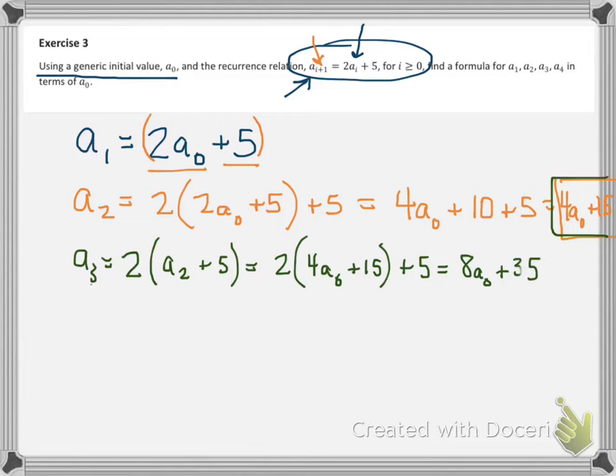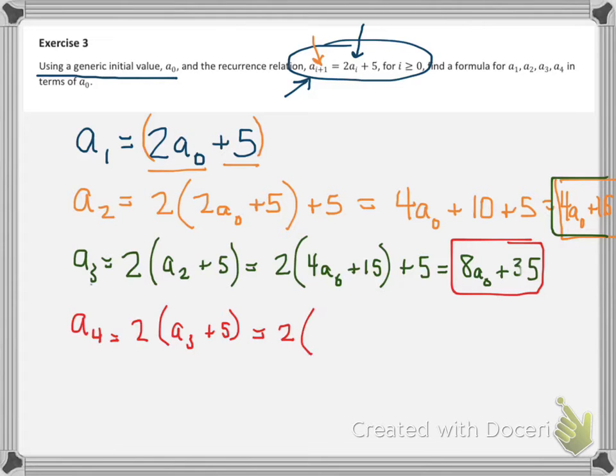And we can continue. A sub 4 is equal to 2 times a sub 3 plus 5. What is a sub 3? Well, it's this. So this is 2 times 8a sub 0 plus 35, and then plus 5, which would give us 16a sub 0 plus 2 times 35 is 70, plus another 5 is 75. 16a sub 0 plus 75.